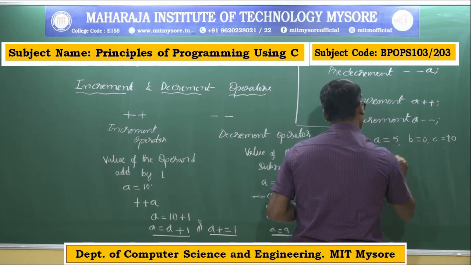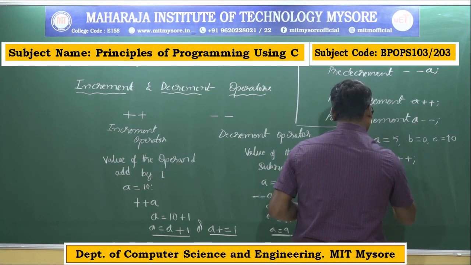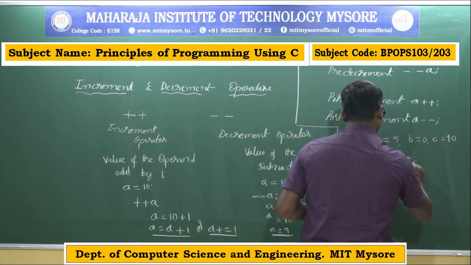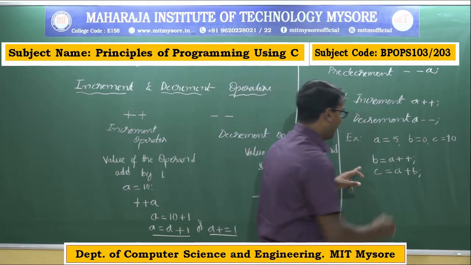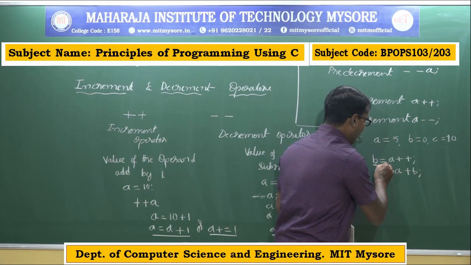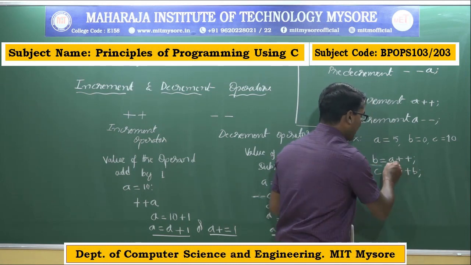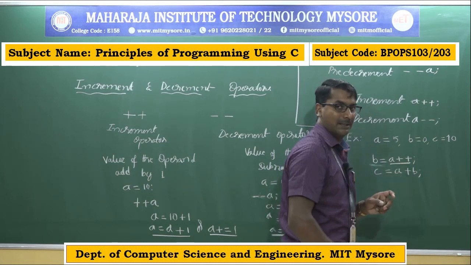Now my expression is B is equal to A plus plus, C is equal to A plus B. Now you observe B is equal to A plus plus. This increment operator is the postfix operator.